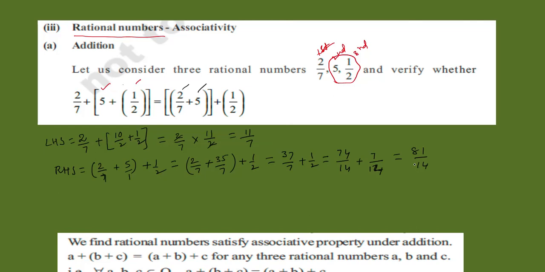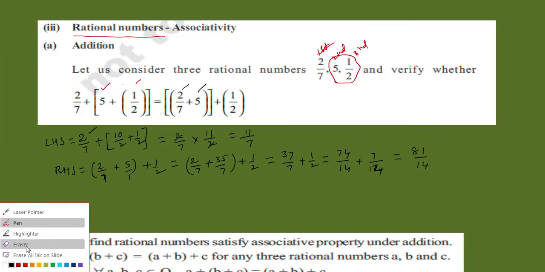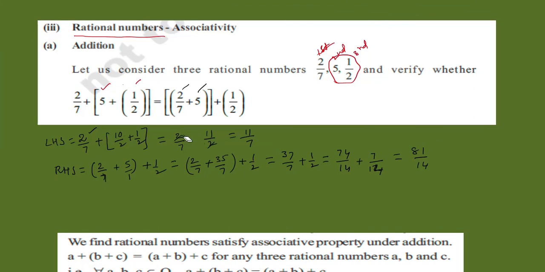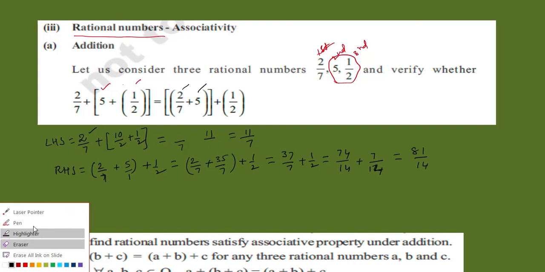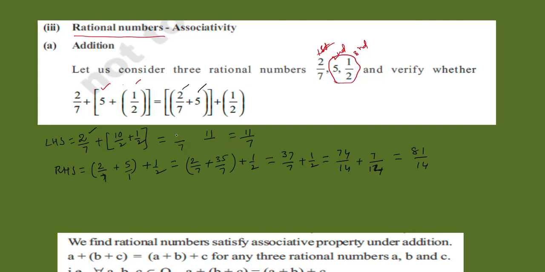You observe there is a mistake, I think. Here 2 by 7, 5 plus 1 by 2, that is 11 by 2. Oh, there is a mistake done here. In the first instance, 2 by 7 plus 11 by 2.